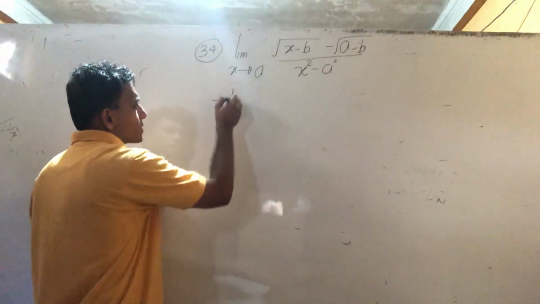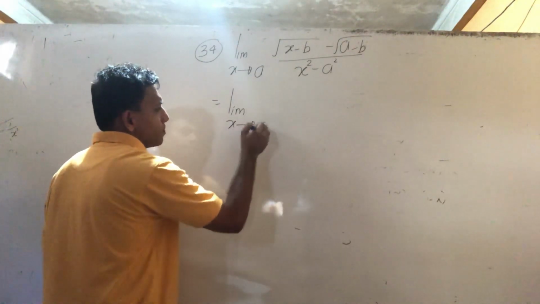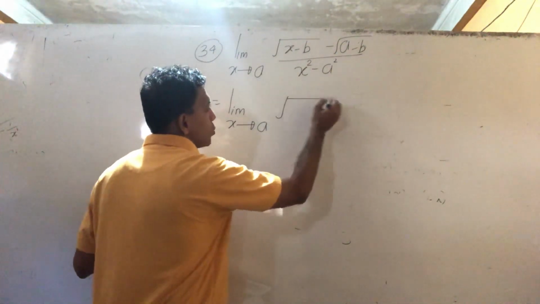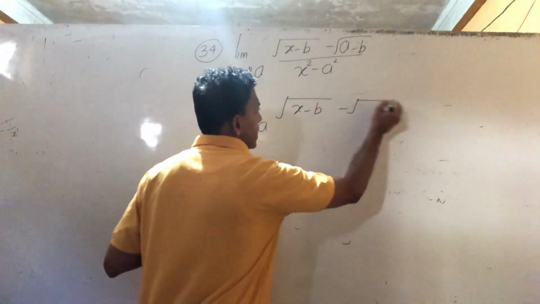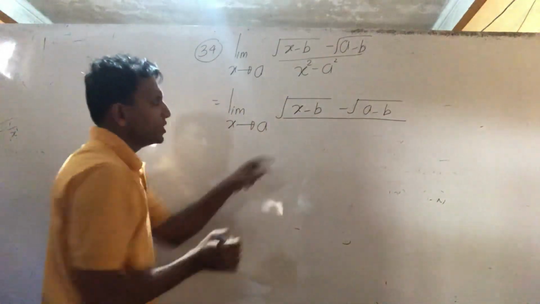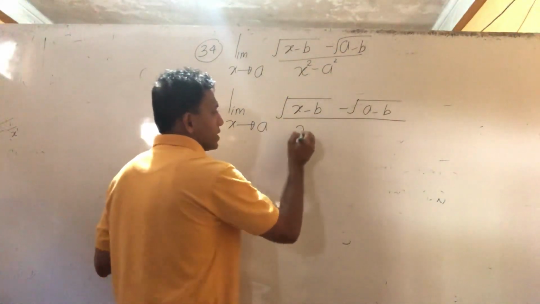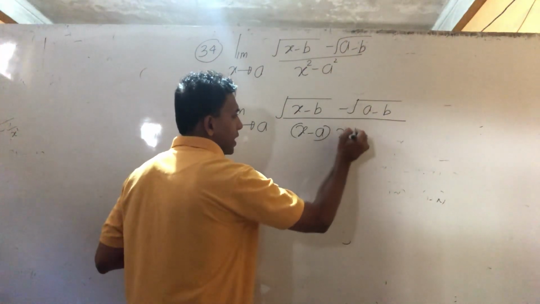So limit x tends to a of the square root of (x minus b) minus the square root of (a minus b). This also can be factorized: x square minus a square is x minus a into x plus a.